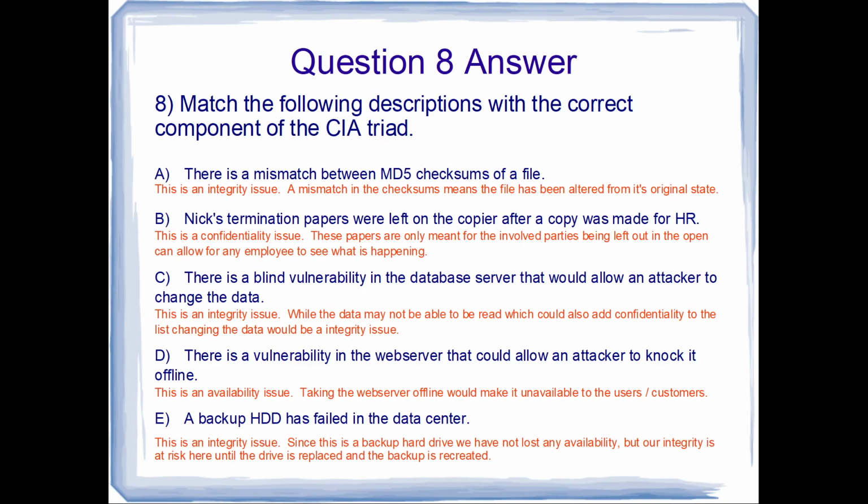There's a blind vulnerability in the database server that would allow an attacker to change the data. This is an integrity issue. While the data may not be able to be read, which could also add confidentiality to the list, changing the data would be an integrity issue.